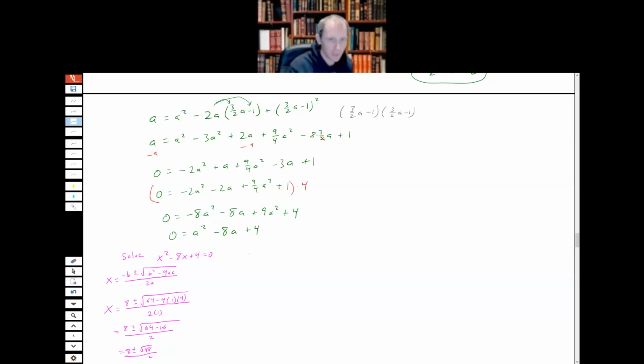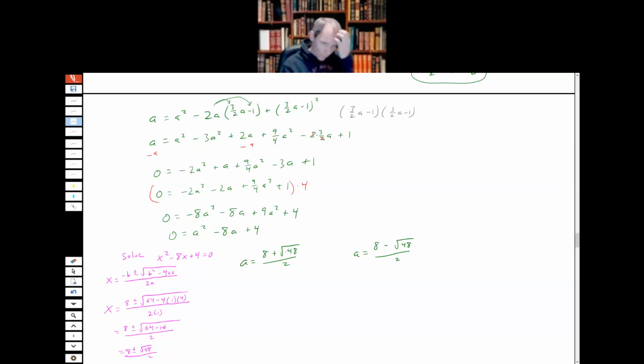So I'll go back to calling it a again. So a could either be 8 plus the square root of 48 all over 2, or a could be 8 minus the square root of 48 all over 2. And I'm going to simplify these down a little bit.